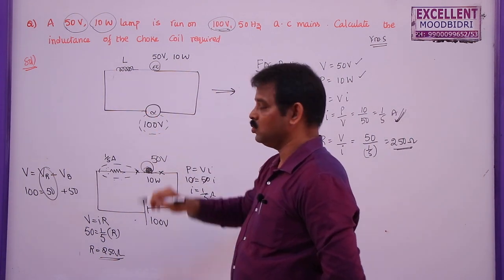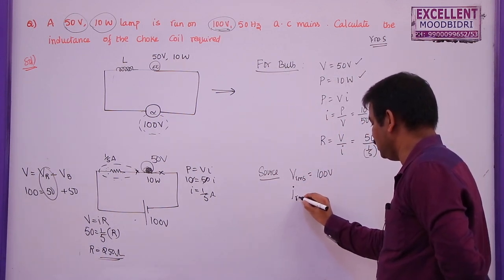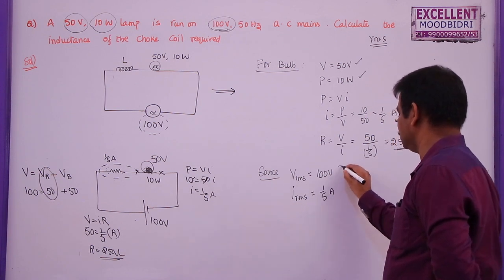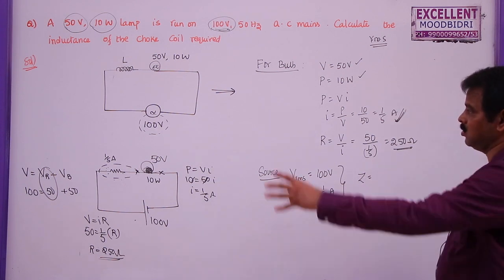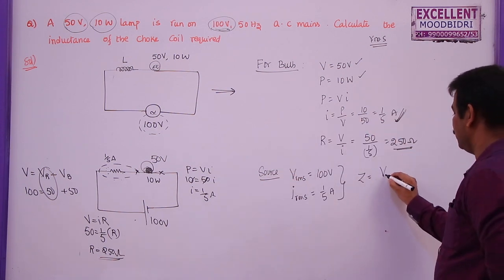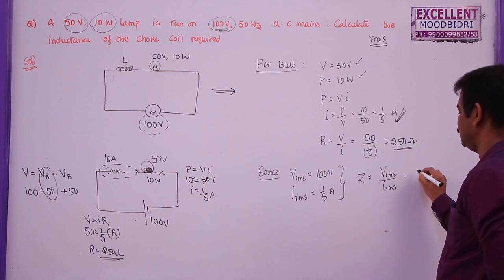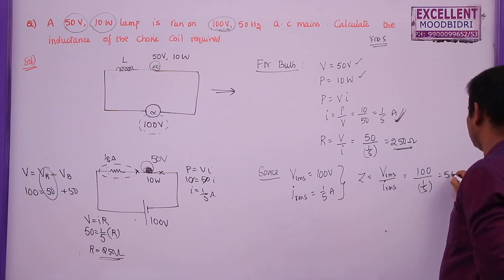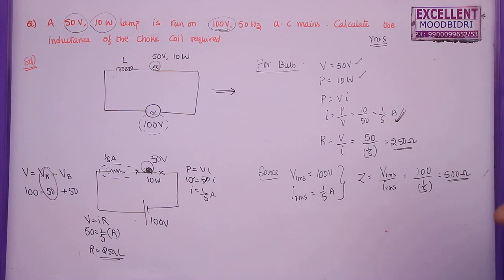So current from the source must be 1 by 5 amperes. So we can write IRMS is equal to 1 by 5 amperes. So based on these two, the impedance of the entire circuit is given by VRMS value by IRMS value. This is 100 by 1 by 5, which is equal to 500 ohms. This is the impedance of this entire circuit.